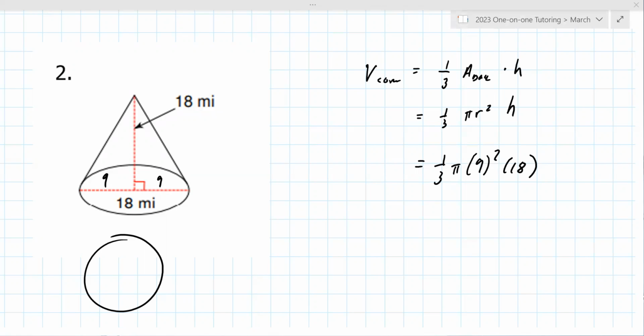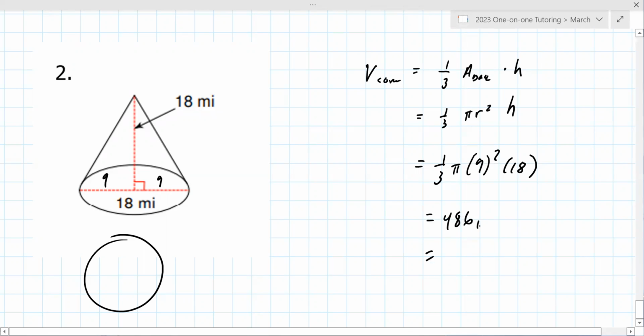So let's go ahead and calculate that for me, please. Okay, I got 1,526.81. Yeah, so I'm just going to put this in here in case there's a difference when you get this graded, but it's 486 pi, and then when you do the final calculation in the calculator, just like you said, and then it's miles cubed because it's a volume.